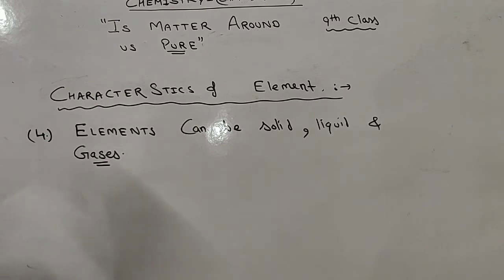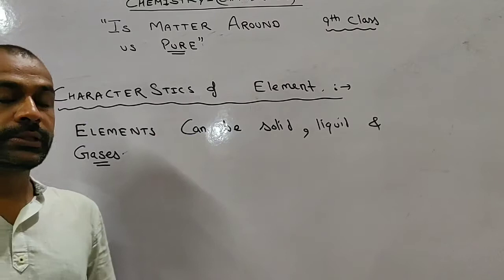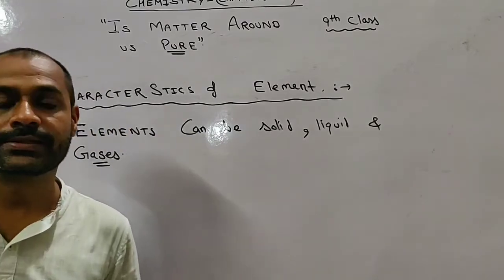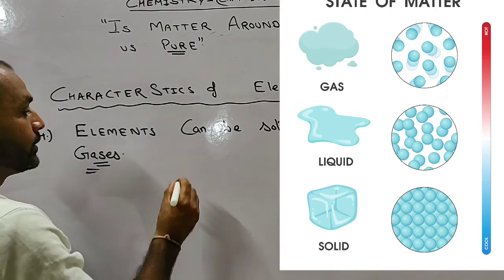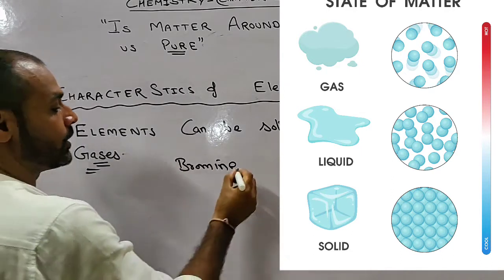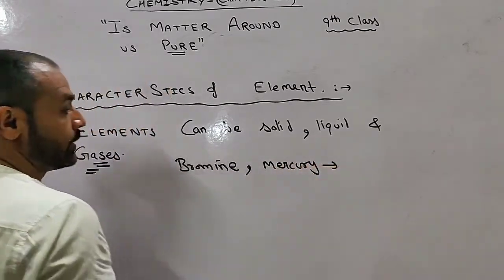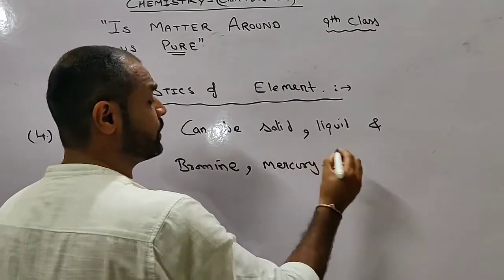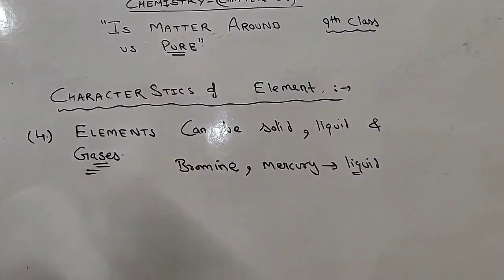And the next characteristic is very important. Elements can be solid, liquid and gases. Fine. We can take examples of it. Say bromine and mercury, which are liquid at room temperature. I am talking about room temperature.